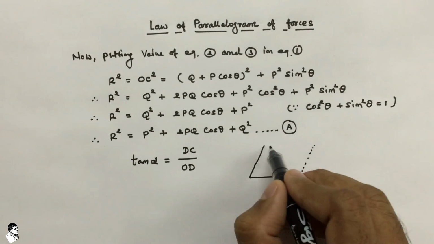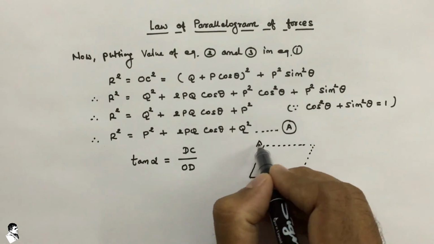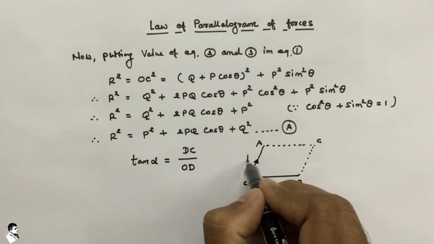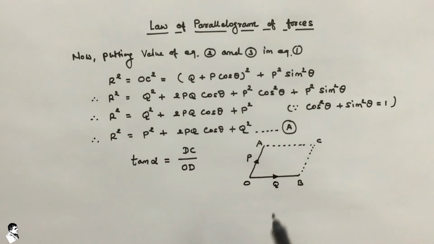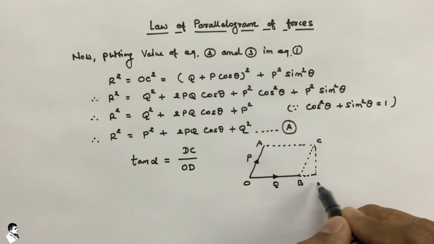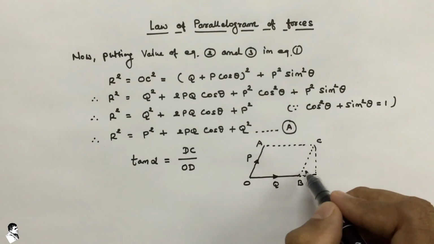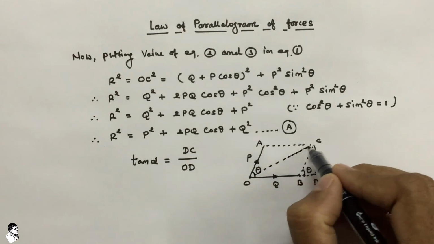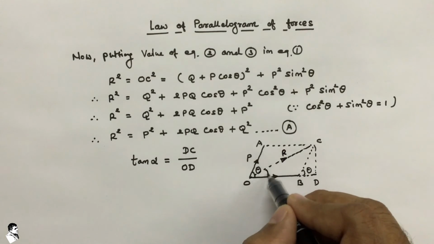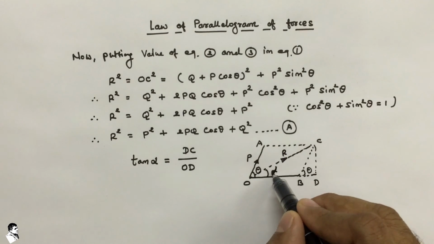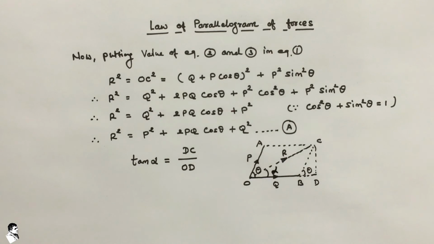Parallel to that line, A, C, B and O: this is force P, this is force Q, and the foot of the perpendicular from C on the extended OB is D. Here theta, here also theta, and this diagonal is R, which makes angle alpha with Q.